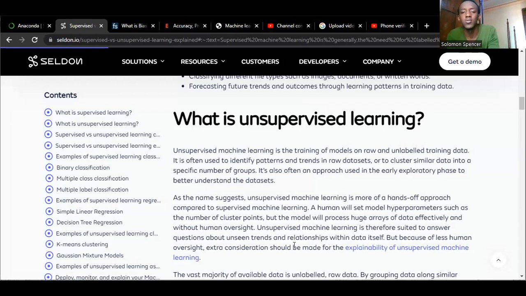So what am I talking about with unsupervised learning? Basically, here human oversight is really not needed. Images, for example, are just provided, and then the AI itself groups these images according to a characteristic.